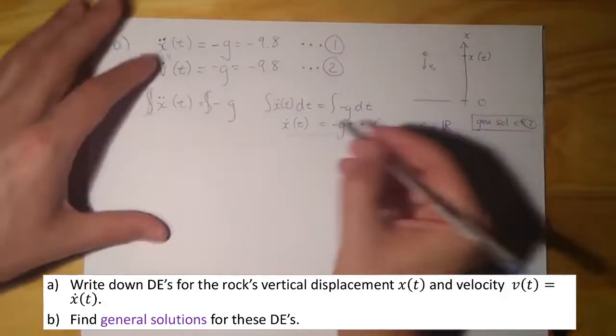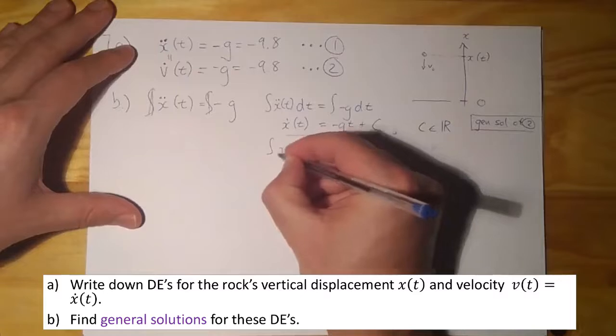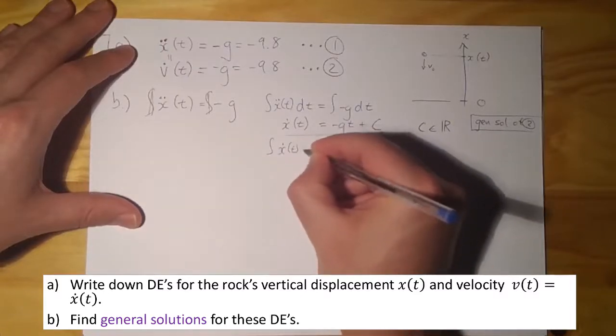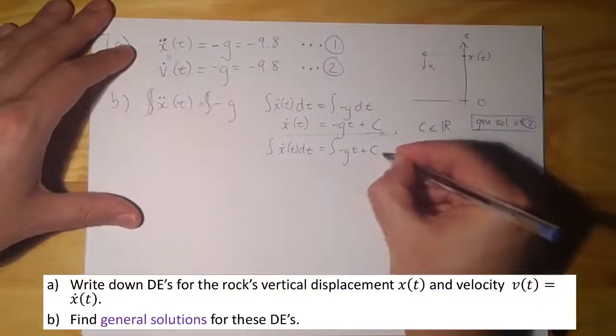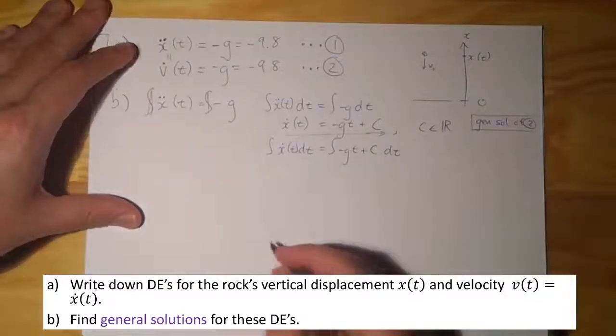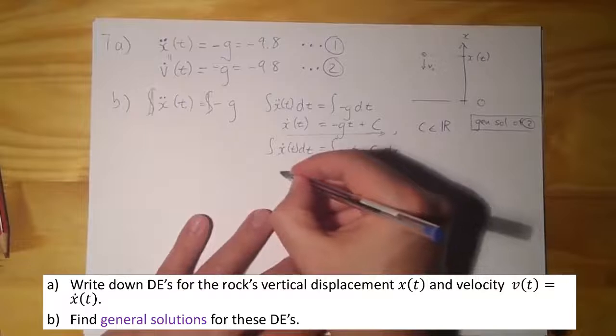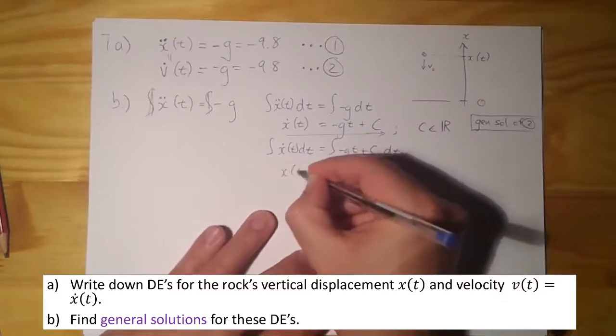Right, but we can go further. We can integrate again. So the integral of x prime dt is equal to the integral of minus gt plus c dt. So again, same story. Now we're just going to end up with the normal displacement function x of t.